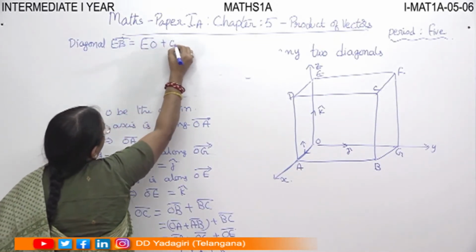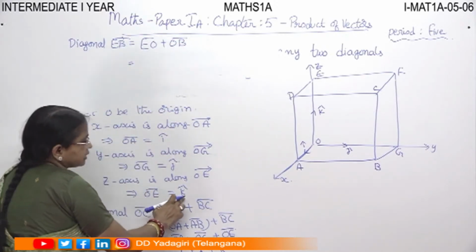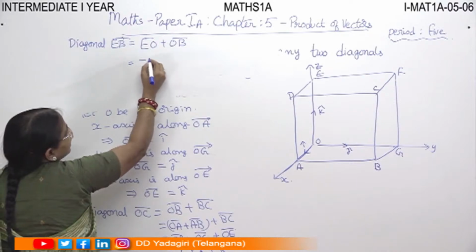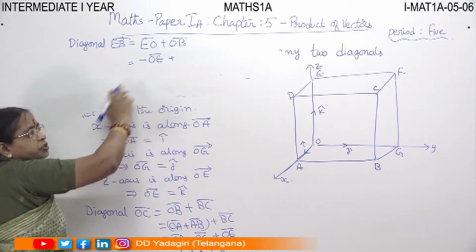But what is EO? We know OE is k. So EO means it is minus OE. When you interchange the initial and terminal points, you should change the sign.